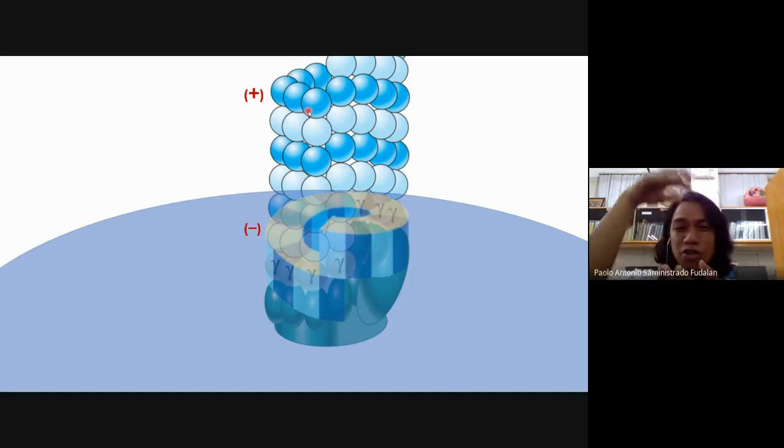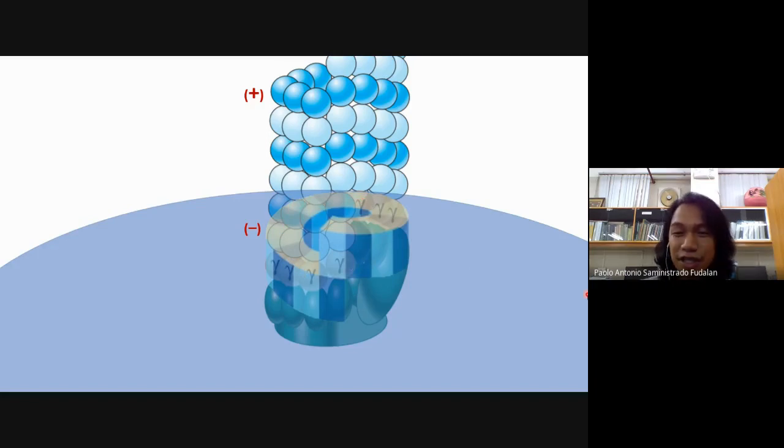And this can continue on and on until the microtubule is long enough for the purpose of the cell. As you mentioned a while ago, that process is called nucleation. Nucleation, the formation or the polymerization of microtubules onto this gamma tubulin ring complex.